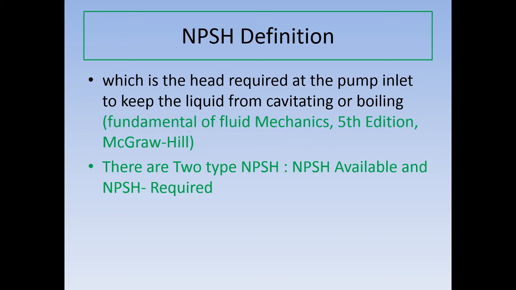And as you can see in the formula, NPSH equals atmospheric pressure, plus the static pressure of the pump at that condition, and then plus the velocity head difference, minus the head of vapor at that environment.